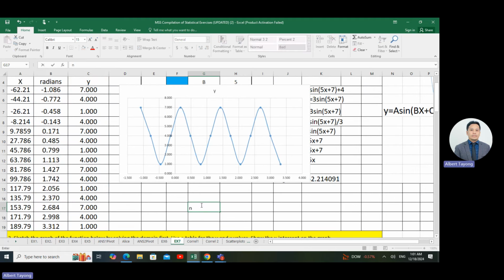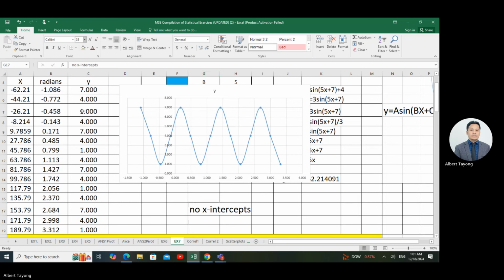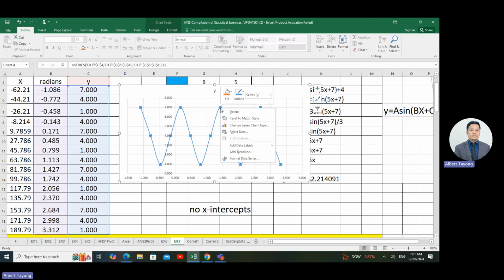So we don't have any x-intercepts, because this is our x line here. As you can see, our graph has a minimum of 1. You can select the points actually, right-click, data labels.